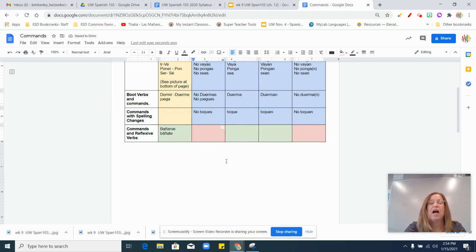All right. For negative commands, you put the te in front of it. So it's no te bañas. Bañes, sorry. No te bañes, and it's the AR verb, so we changed the ending. No te bañes. For affirmative, it goes on the end.